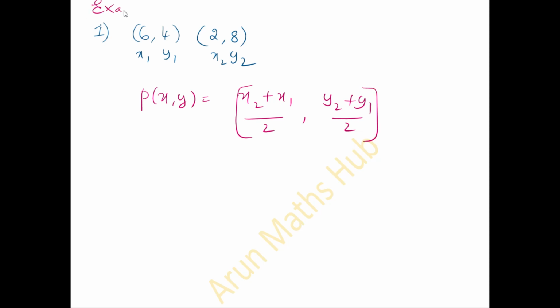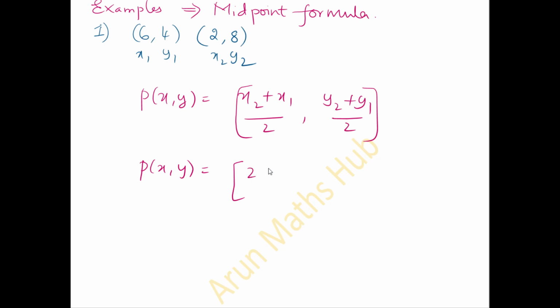These are examples based on the midpoint formula. There are fewer questions based on the midpoint formula, but in the exam you can expect one question based on it. Now P of x comma y equals, what is x2? x2 is 2, x1 is 6, divided by 2.